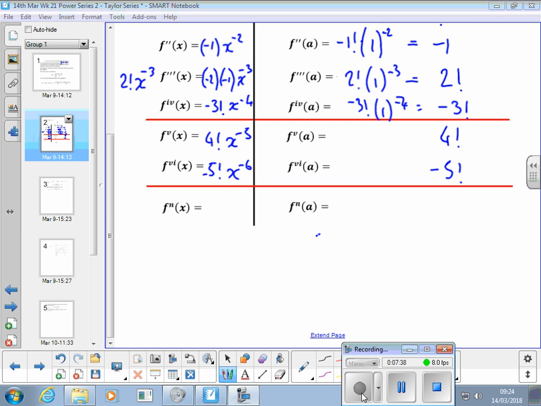So can we write a general rule for the nth derivative on this side? This is the 6th derivative, and it's got minus 6 there, and it's got n minus 1 there. It keeps changing sign as well.